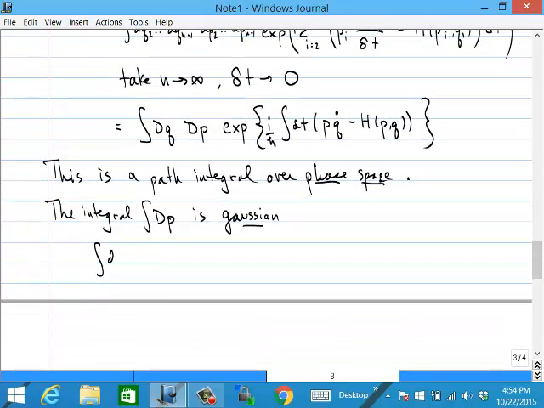Well, it would be an integral dpi of e to the I times minus pi squared over 2, because in that Hamiltonian there was a minus sign, and then you had that linear term, which was pi times (qi plus 1 minus qi) over delta t, times delta t, right?